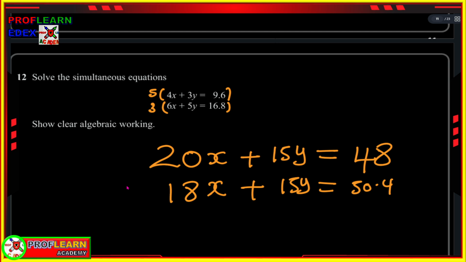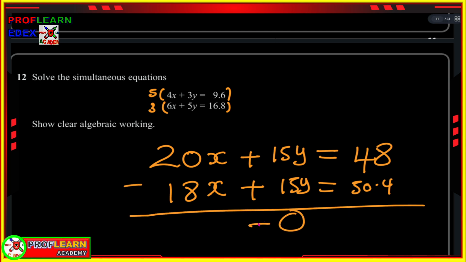And if we subtract the two equations, this will be 0 and this will be 2x, and this is going to translate to 48.